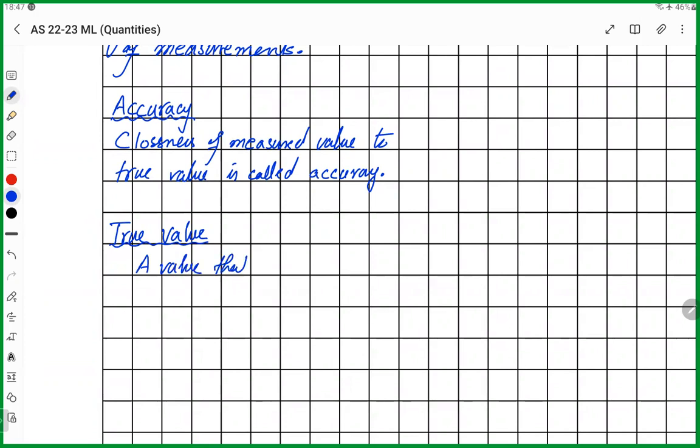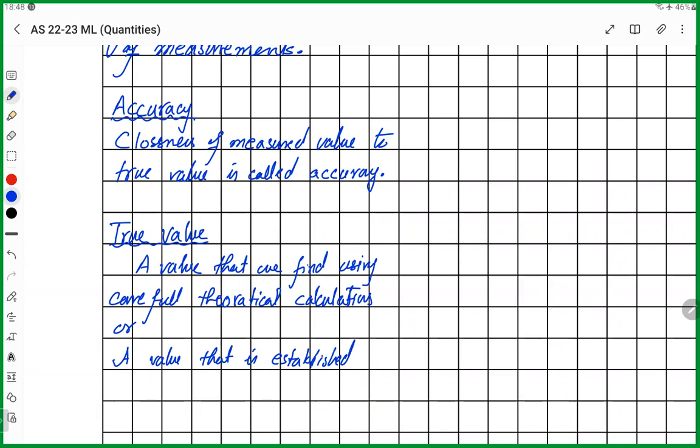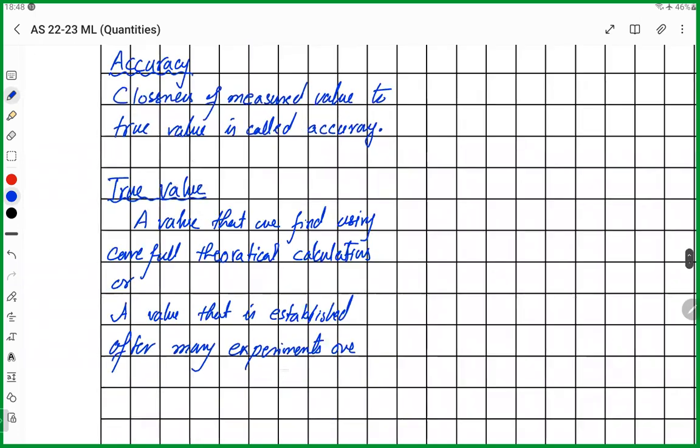that we find using careful theoretical calculations, or a value that is established after many experiments over a long period of time.